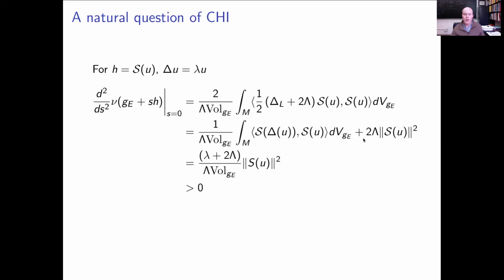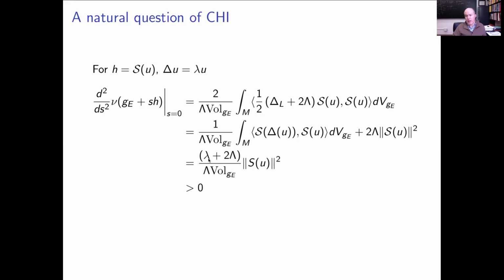The first term is the Lichnerowicz Laplacian times S of u, which by what we've seen is S of the Laplacian of u. If this is an eigenfunction with eigenvalue lambda, you pull out the lambda and just get the norm of S of u again. So what you end up getting is lambda plus twice the Einstein constant times a positive quantity. Now you can see why they were interested in their question.